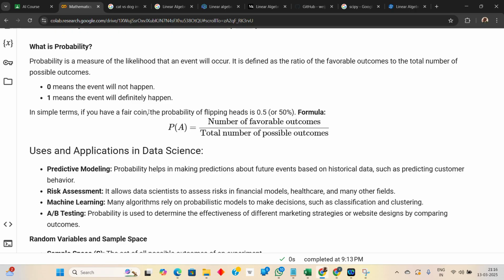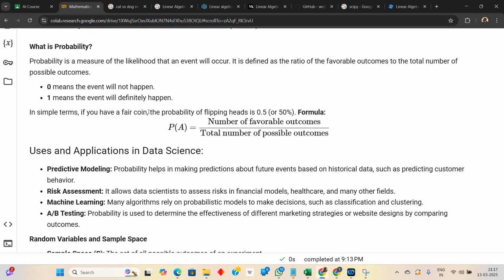People get confused about the difference between mean and probability. Mean is where we sum up all the values and divide by the total number. Probability is where we look for the favorable outcomes based on the condition or event.